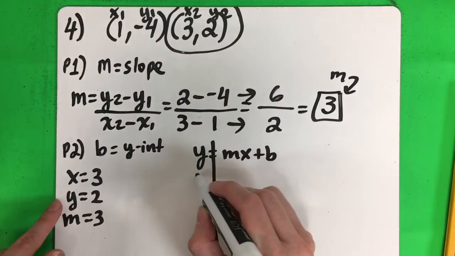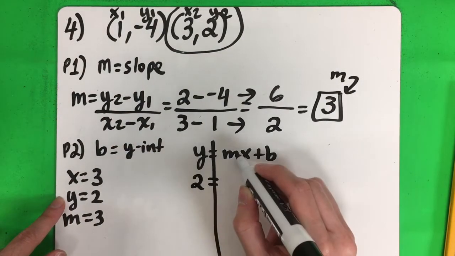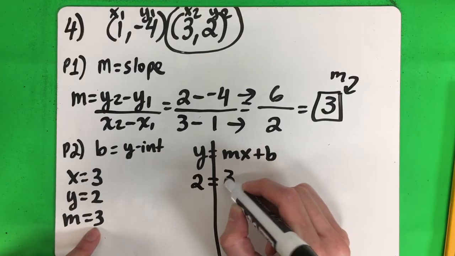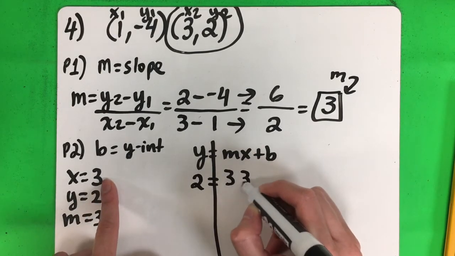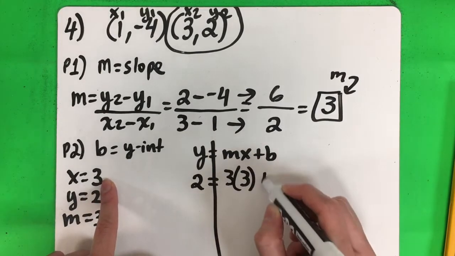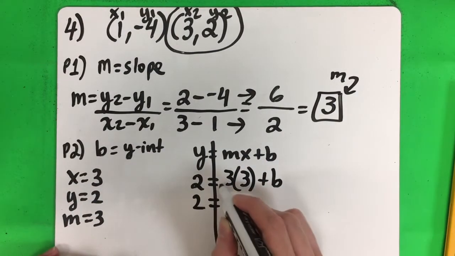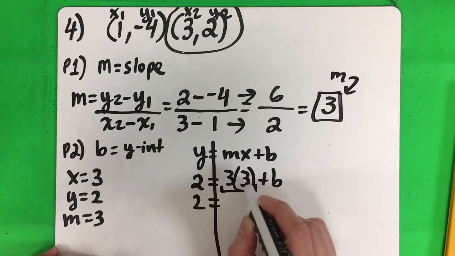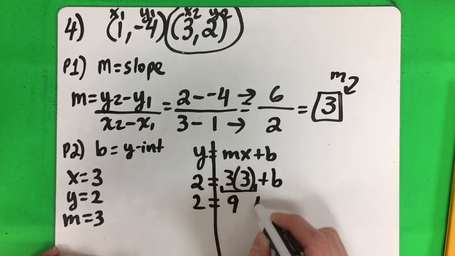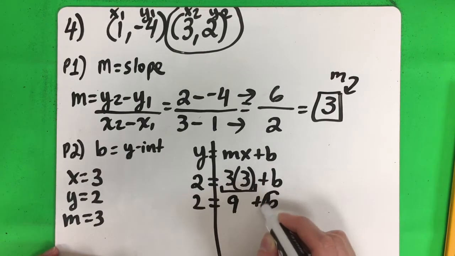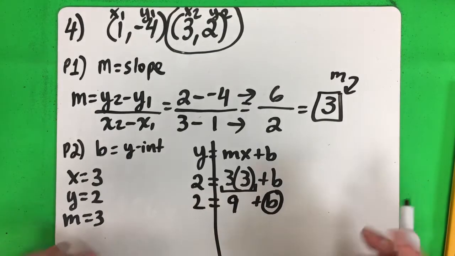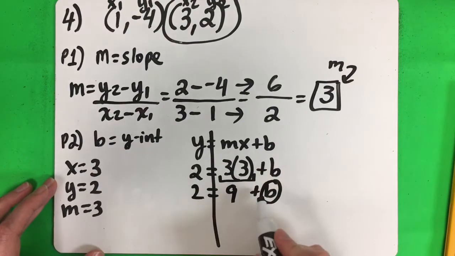So y is 2 equals m is 3, x is 3, in parentheses, plus b. Copy 2 equals 3 times 3, 3 por 3, 9. Copy plus b. I want b alone. Quiero b solo. So 9 is with b. 9 está con b.